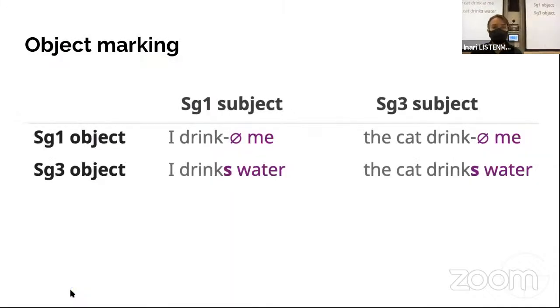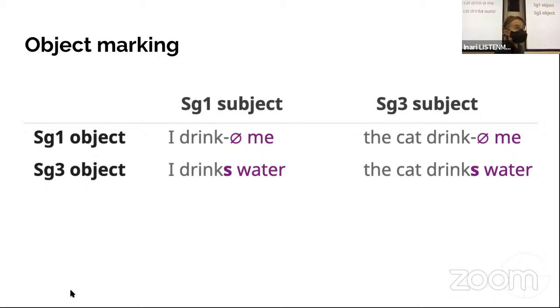So now let's think about the object marking. We can imagine a language like English, except that it marks the object and not the agent. So now we say that I drink me. Well, that happens to be grammatical also, but the cat, I drink me and the cat drink me. They are both marked with the 0 because of the object.